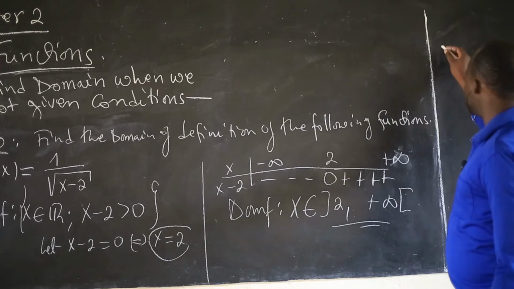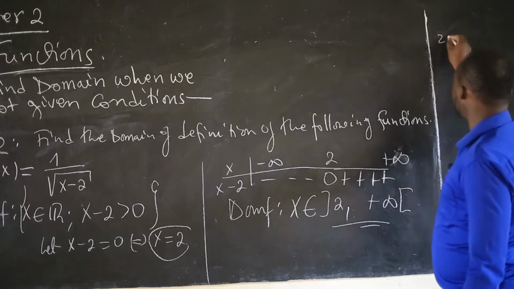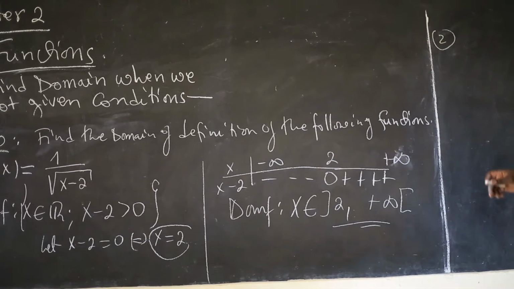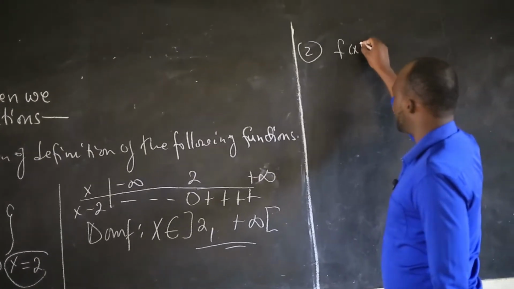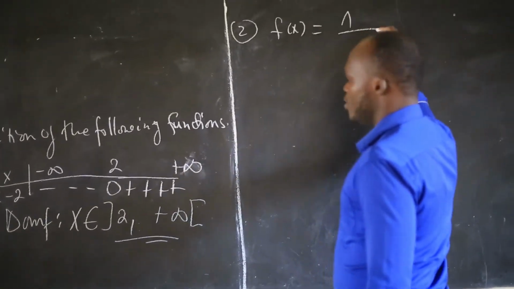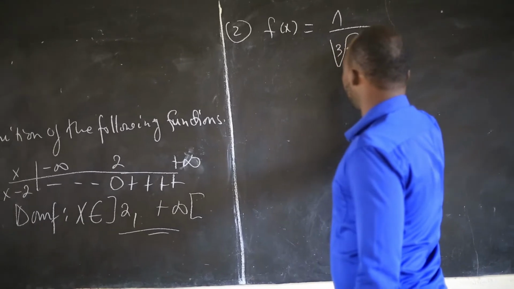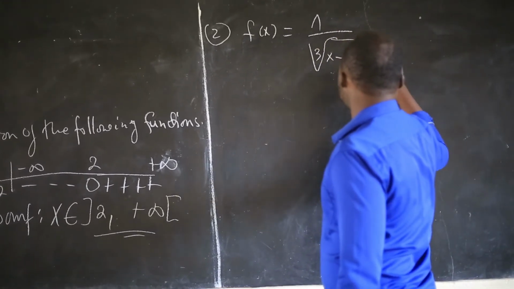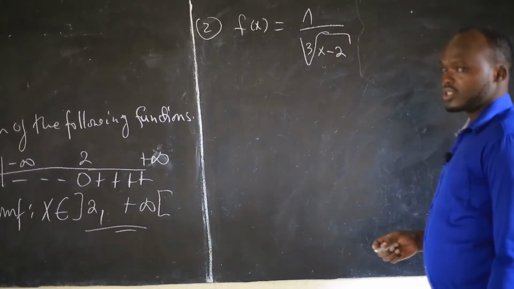So let us see number 2. The same question asking for a domain. Let's say you have f of x equal to 1 over cube root of x minus 2. What can be the condition?